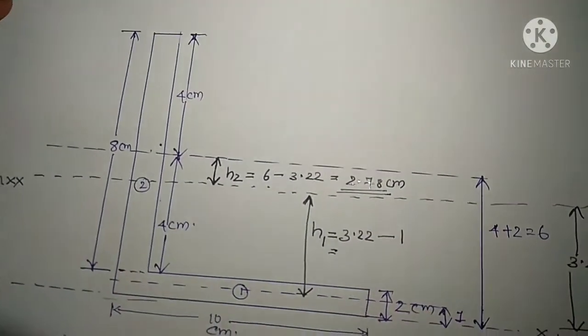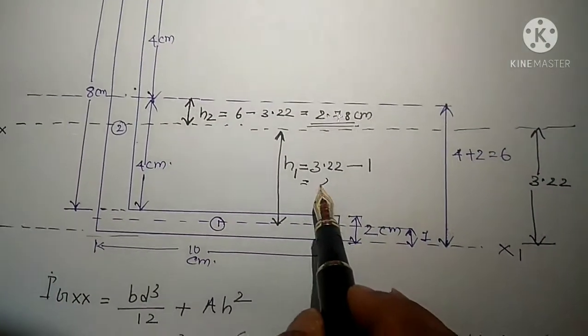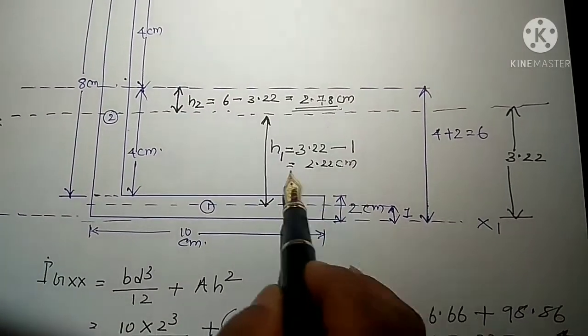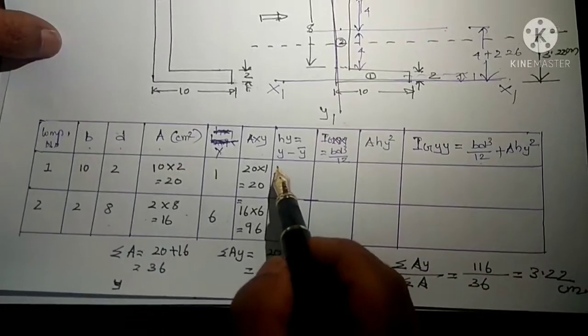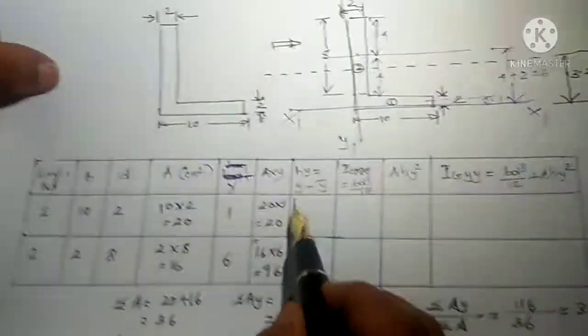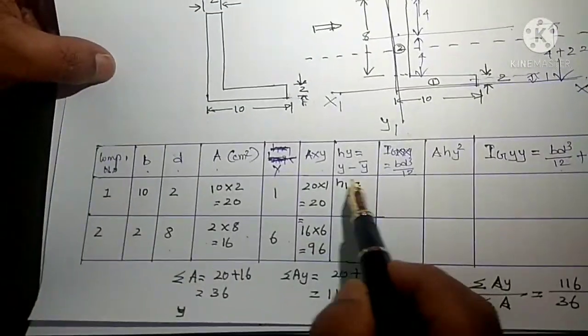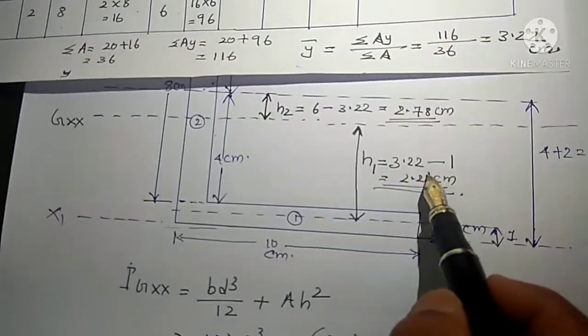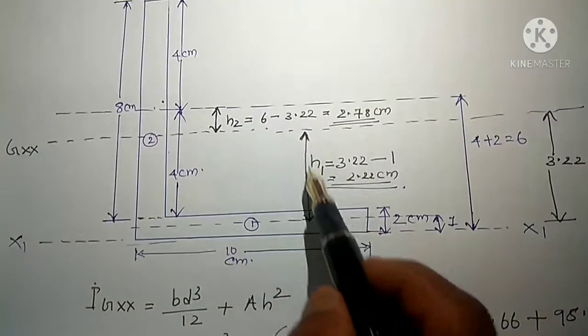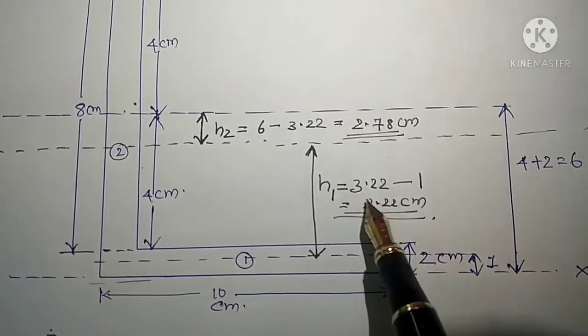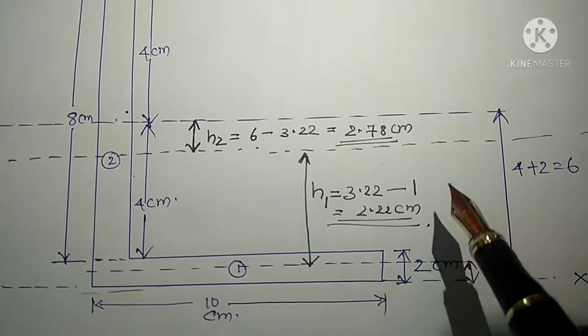For the first component, the value we found is 2.22 centimeter. So for the first component, h1 is equal to y bar minus y1, that is 3.22 minus 1.